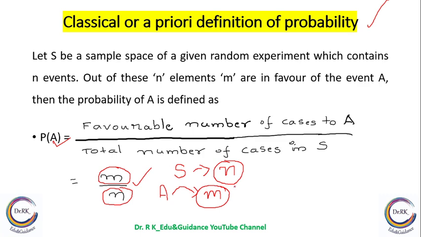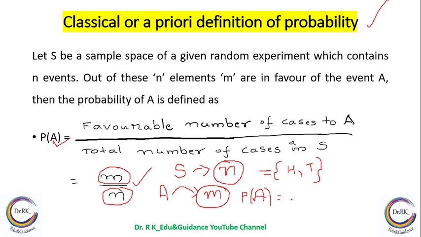Okay. Now if we want, we can take an example. Now tossing of a coin is the experiment, and we know the sample space, that is sample space contains head as well as tail, right? Okay. And now define an event, any event A. Suppose A is event of getting a head. Now we want to find probability of A. Right?